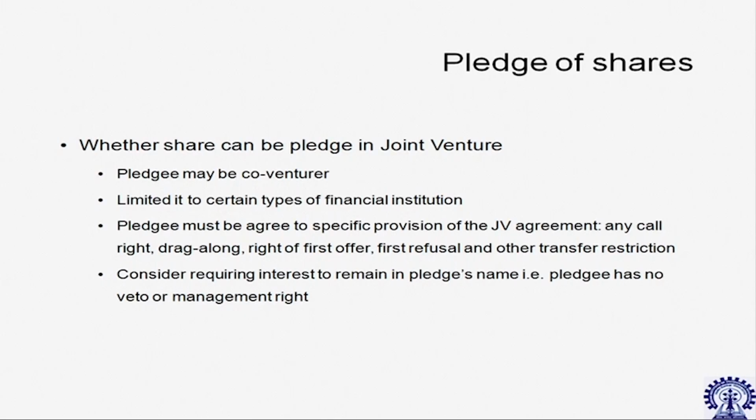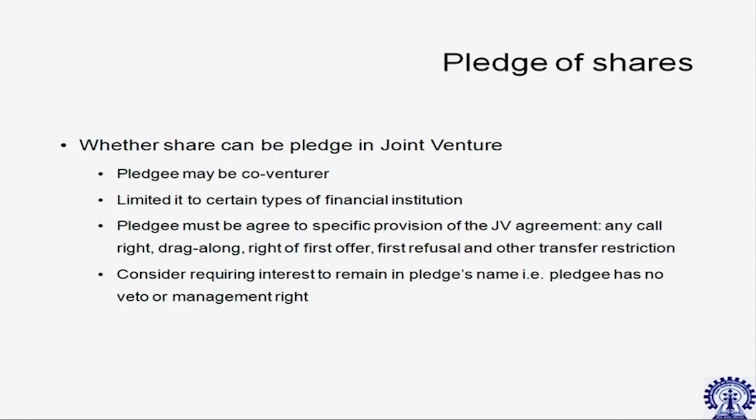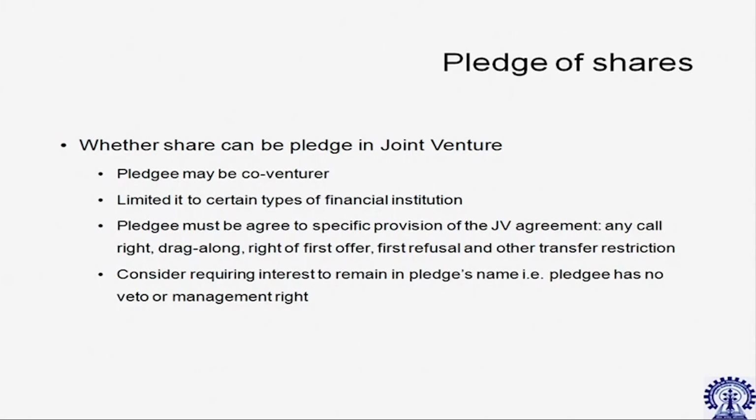The next thing is that the pledgee must agree to the specific provisions of the joint venture agreement. That means, if there is any call right or drag along right or right of first refusal or right of first offer or other transaction right, the pledgee should agree to that.